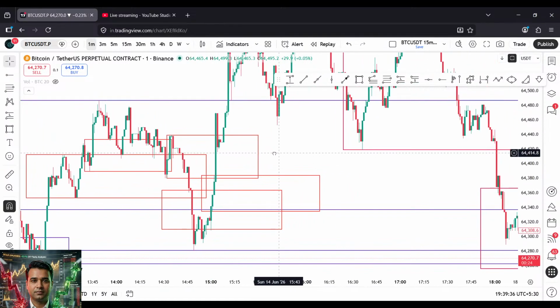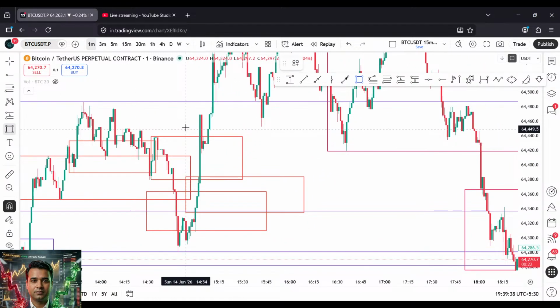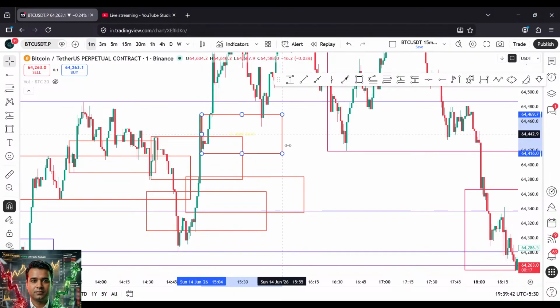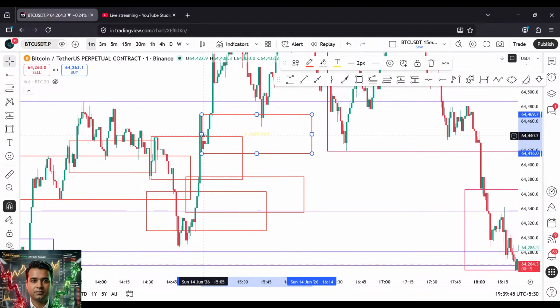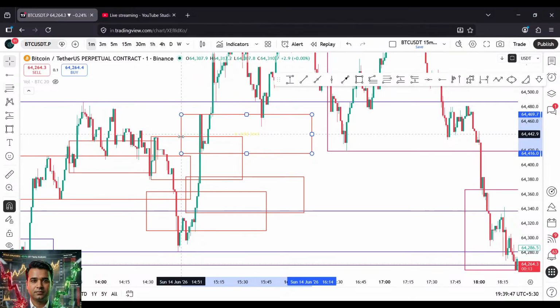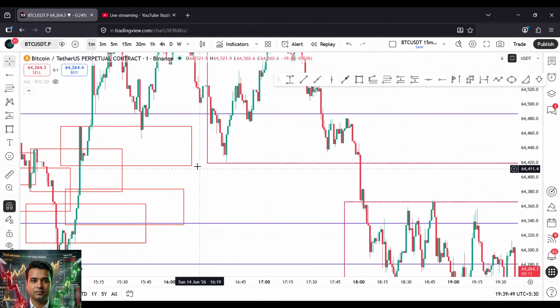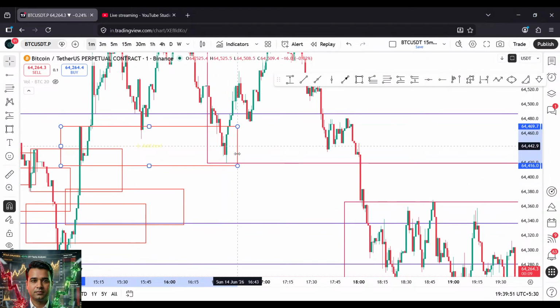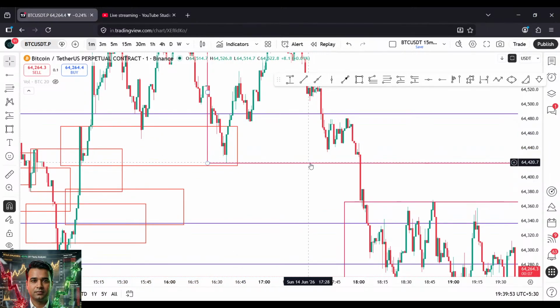Like this, and from this, built this swap. And what happened in future? Price came down and hit this.